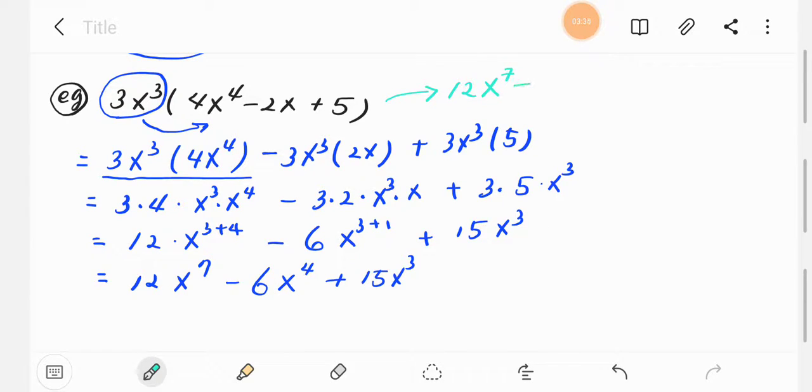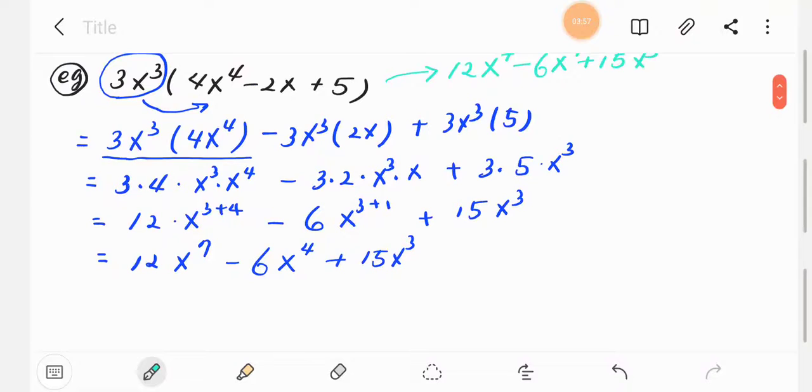And then minus, 3 times 2 is 6, and then x to the 3 plus 1 is 4. Finally, 3 times 5 is 15, x cubed. So you can write the answer right away if you don't want to write all the steps.